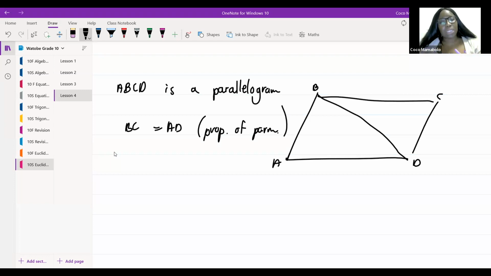Only if they tell me that it's a parallelogram can I then say properties of a parallelogram. Can I just get a thumbs up so that everybody understands? Does everybody get what I mean when I say that you can't use properties of a parallelogram as a reason to prove a parallelogram? You can only use it if you're using the property. Yes?